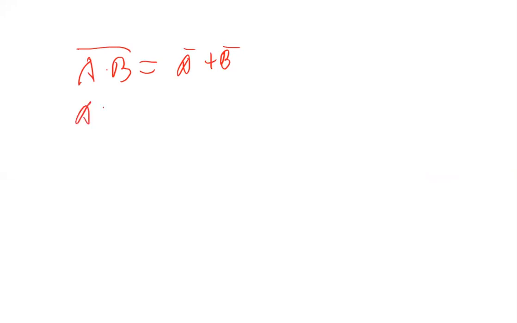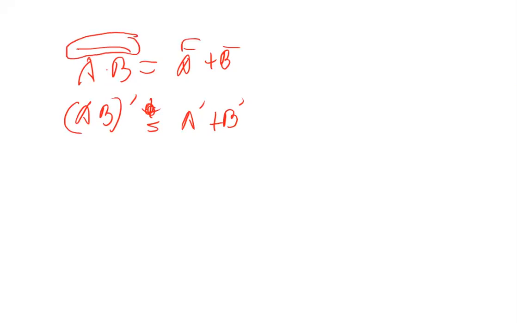Well, what if I wrote it this way? What would that be an example of? De Morgan's. Yep, there it is. So the only thing that's different is the bar. These are equivalent. So don't let that throw you. If you see the bar over the top, that's the same thing as the prime.